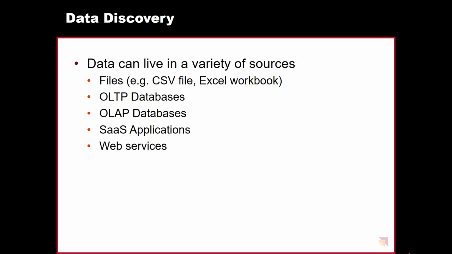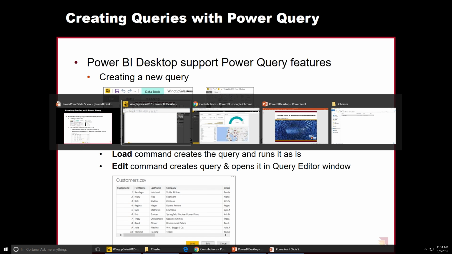There are all these different applications out there on the internet that we use, and many of them make their data available, so Power BI is able to pull that data across so you can start working with the data from QuickBooks or Salesforce, something like that. And then also web services. Anything that's a web service that exposes data via the OData protocol is going to be very easy to import.